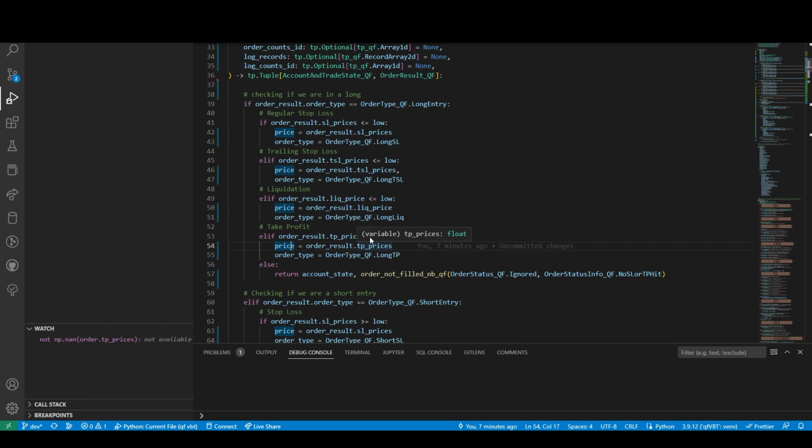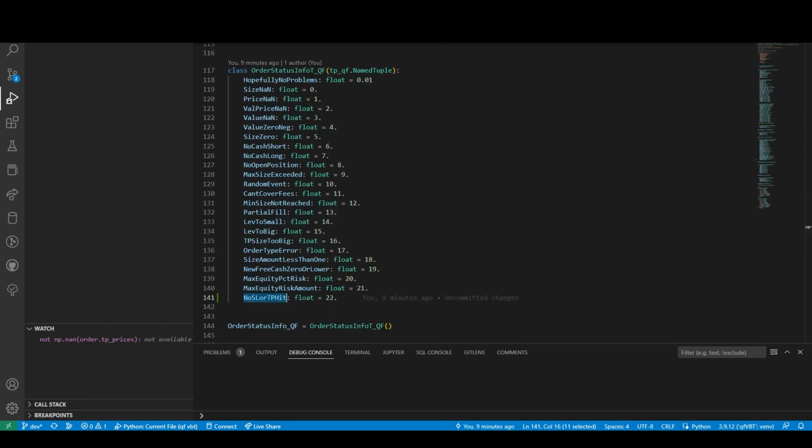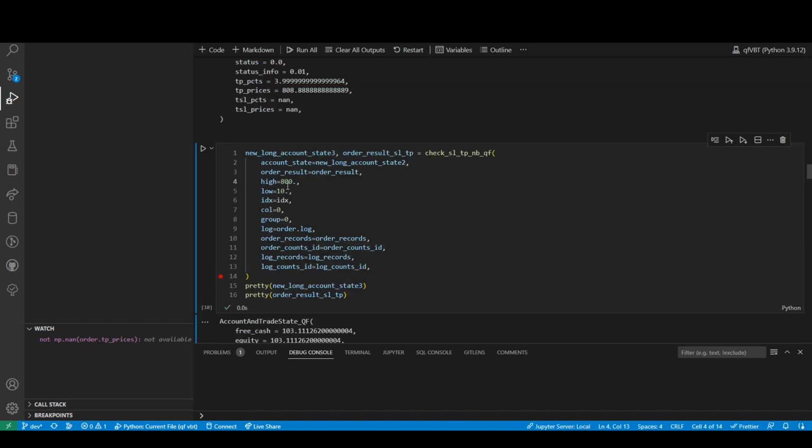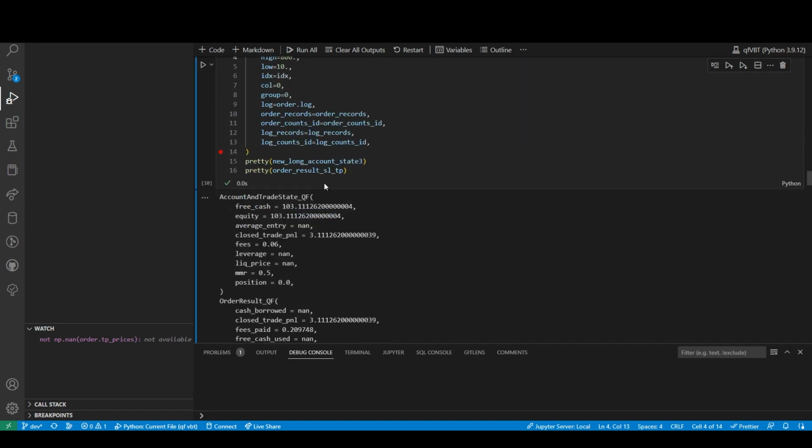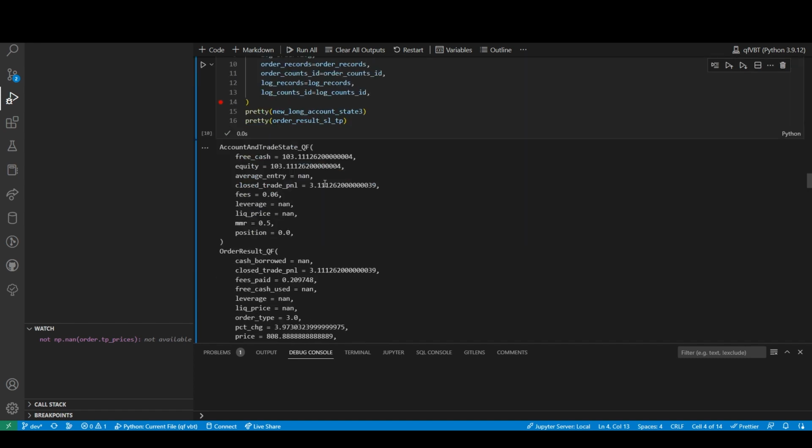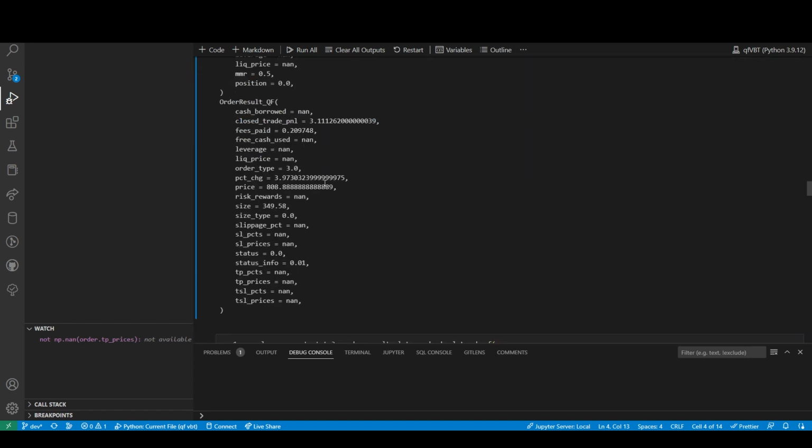Oh. Wait, what? If the high is 800, wait, what the fuck?